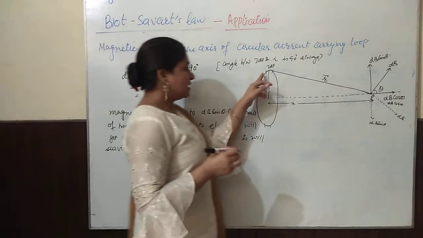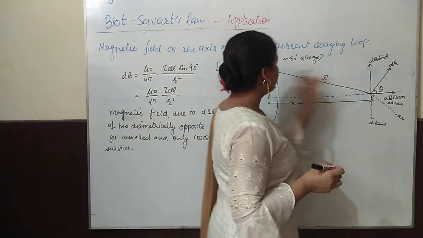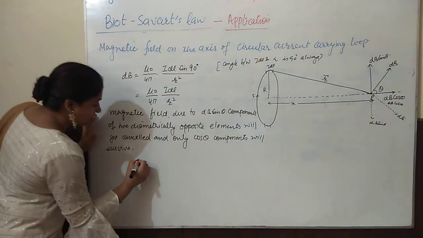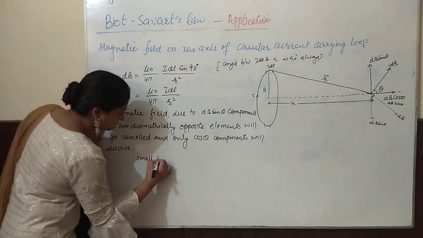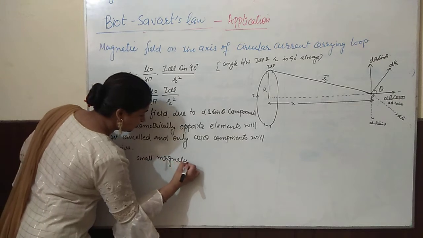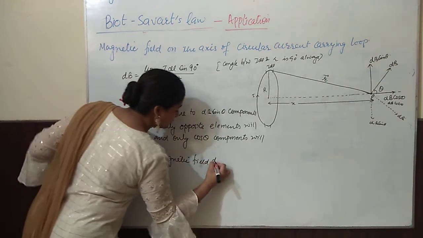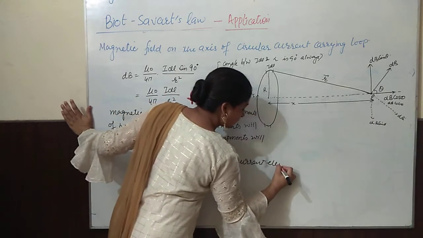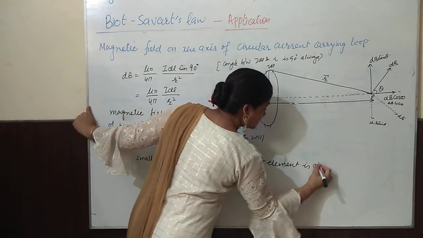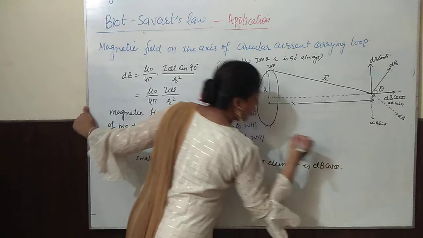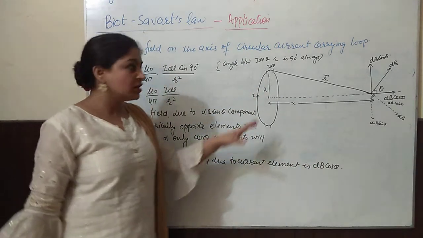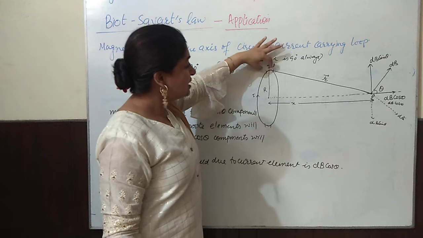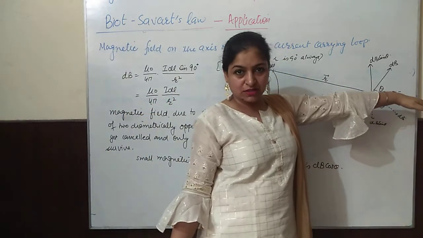So we can say here that the magnetic field of this current element is dB cos theta. So we can write the small magnetic field due to one current element is dB cos theta. So only the dB cos theta component, for only one element we are going to consider here, and for this element the dB cos theta component will survive.